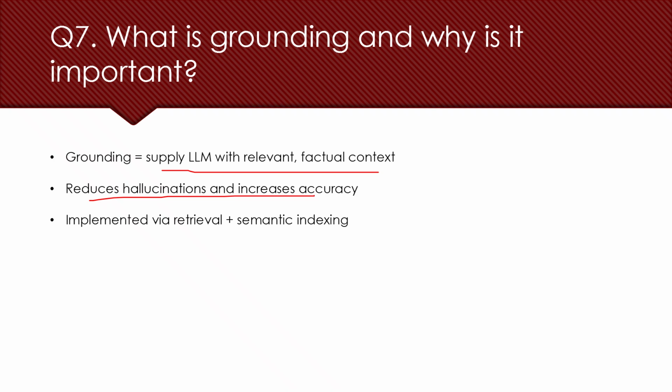So this helps us implement retrieval and semantic indexing. Grounding in simple words is providing factual data to the LLM before it can hallucinate and provide answers from its own side. It should have some context to look into so that it can find the answers for the user.